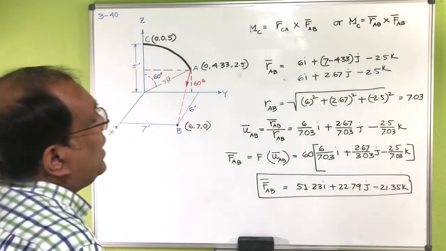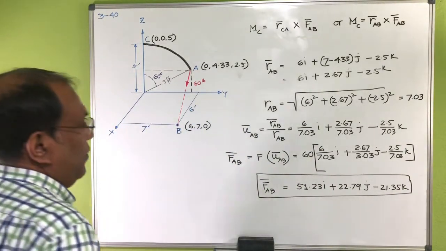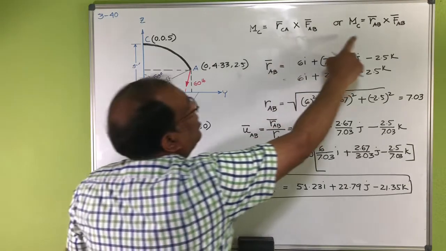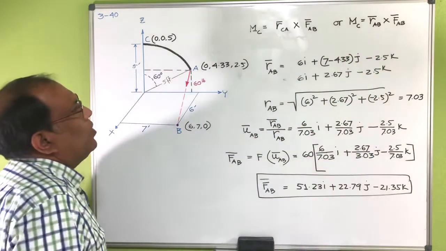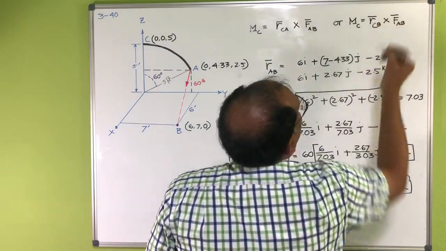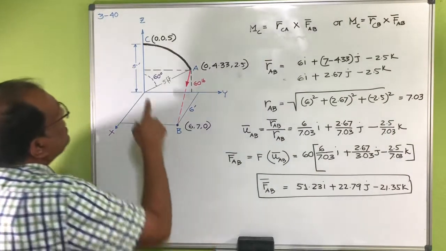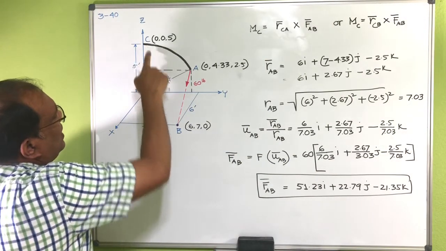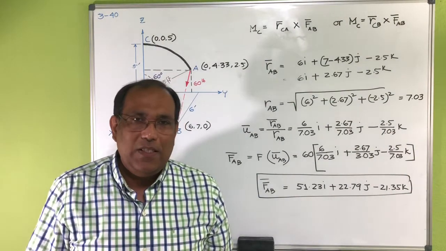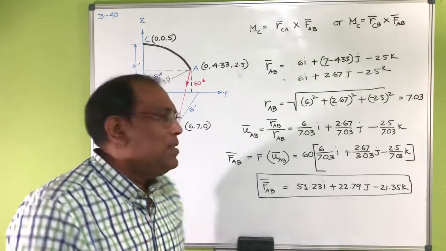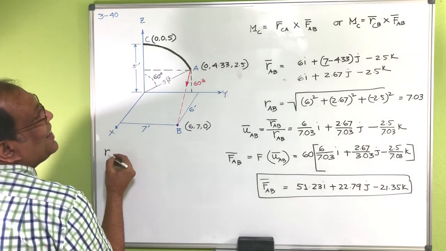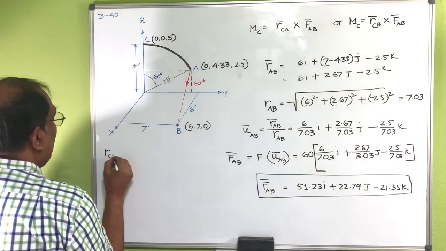Now we can also write the position vector for either RCA or RAB. Should be RCB. But I'll show both of them and show you that actually the answer is the same. Now let's see that position vector from our CA.